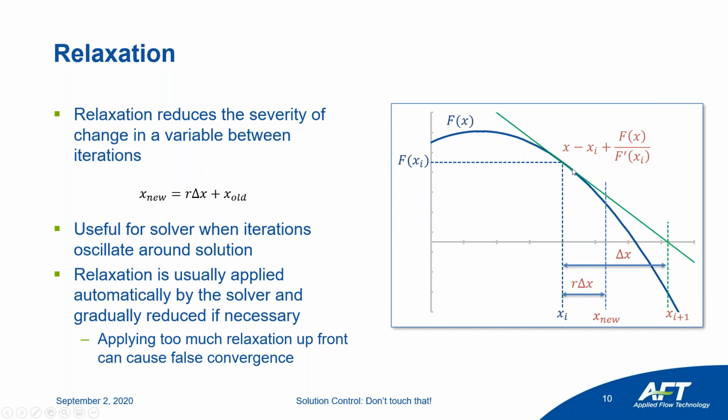That change is small enough to fit within your tolerance, and you can get a converged solution. And so that would be a false convergence because it's not really finding the root. It's just meeting that tolerance value. So that's something to be aware of if you are trying to manually set relaxation. And that's also why it has to be reduced gradually so that you don't come up to that false convergence too quickly.